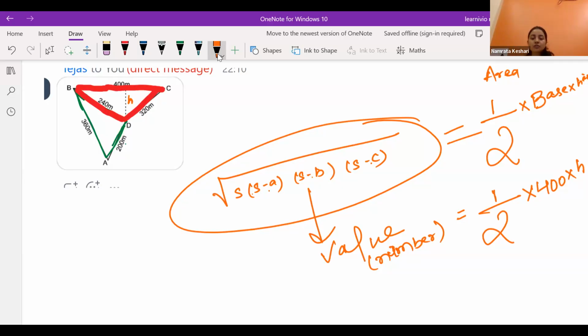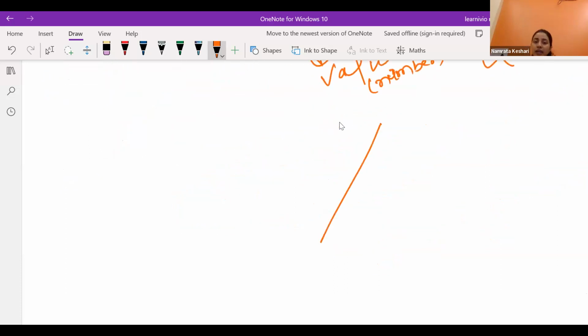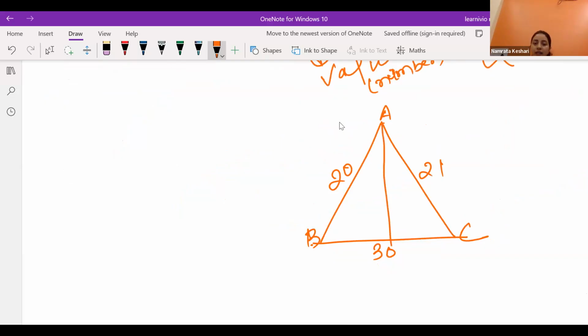Yes, ma'am. Now if I give you a triangle ABC, where AB is 20, AC is 21 and BC is 30, and I tell you to find the length of AD, you will start thinking how to find AD.